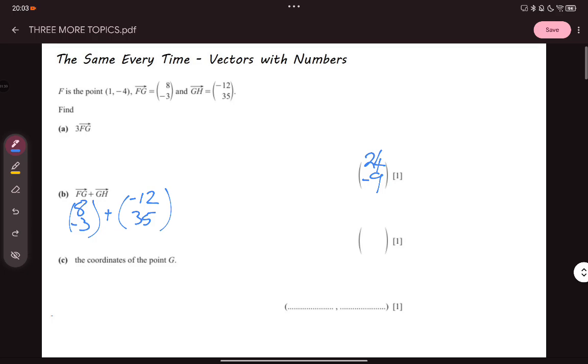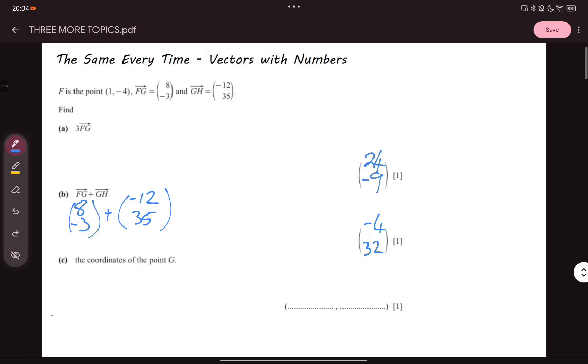So 8 plus -12, again thinking about your number line, starting at 8 on the number line, adding -12 is the same as subtracting 12, so moving 12 to the left, and that will take you to -4. -3 plus 35, starting at -3 on the number line and moving 35 places to the right, will take you to +32. If you're doing this non-calculator, of course. If you're doing it with a calculator, then you can always use it. So the coordinates of the point G.